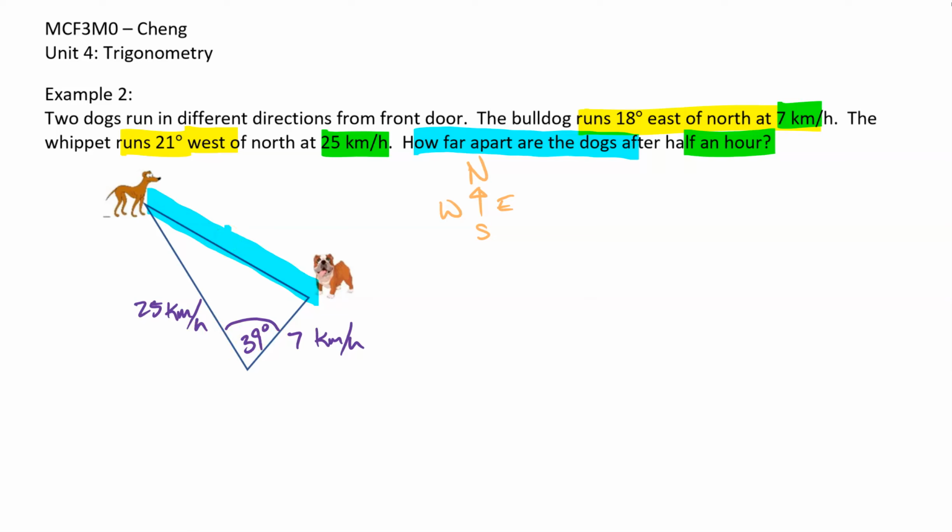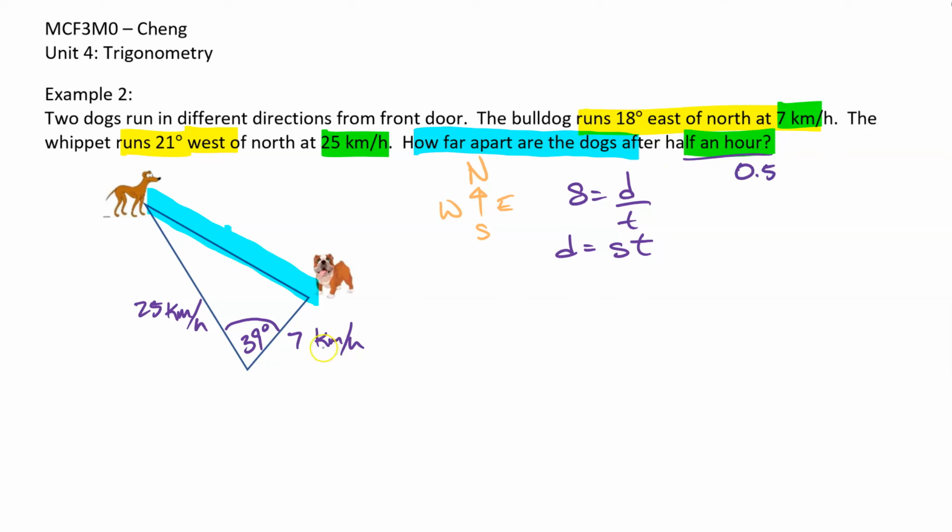This 7 kilometers per hour is what, right? What you guys need to understand is we have a little bit of a side detail we've got to work out. Speed is equal to distance over time. And if you want to figure out distance, distance is equal to speed times time. Okay, well, what's the time? The time we go for is half of an hour. Half of an hour is 0.5 of an hour.